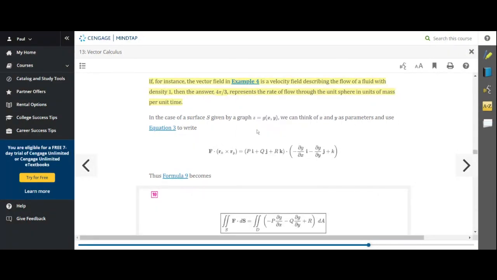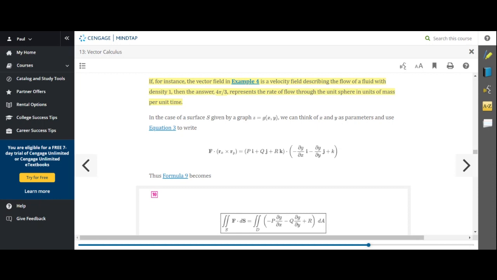If, for instance, the vector field in this example 4 that we just talked about is a velocity field describing the flow of fluid with density 1, then 4 pi over 3 represents the rate of flow through the unit sphere in units of mass per unit time. That's the flux. Now, of course, because we had a sphere, we had to get the parameterization of the sphere to do this problem.